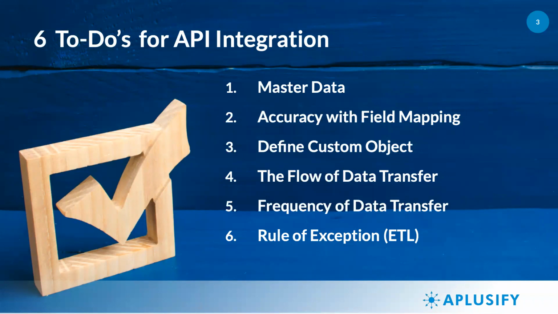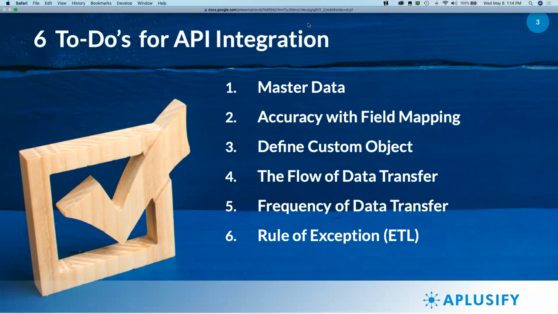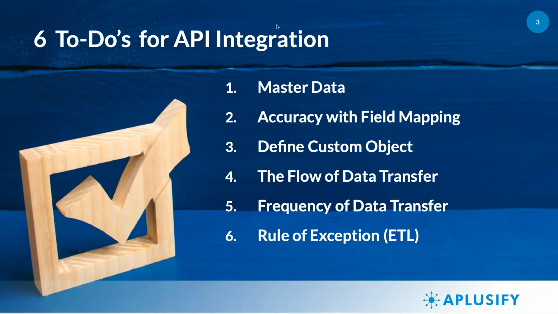So when we talk about master data, as I pointed out in the last presentation as well, we have a lot of data that needs to be migrated from one system to another. So it's very important that we have a comprehensive data integration map of the existing system, and it has all the data sources.